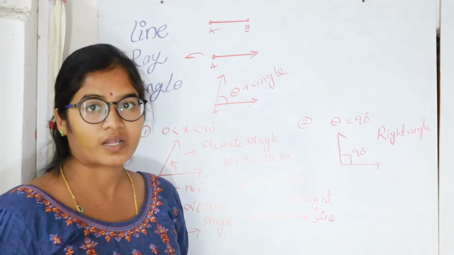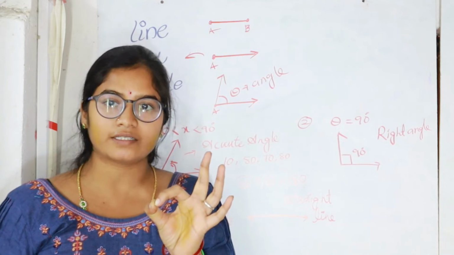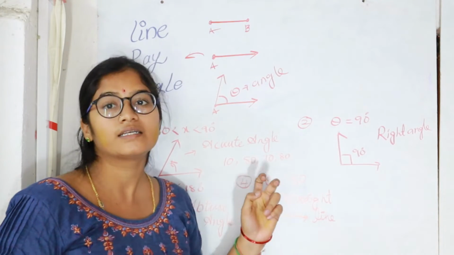When the angle is 180 degrees, such a figure is called a straight line.